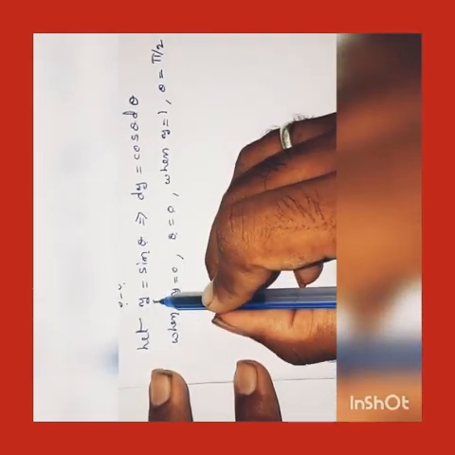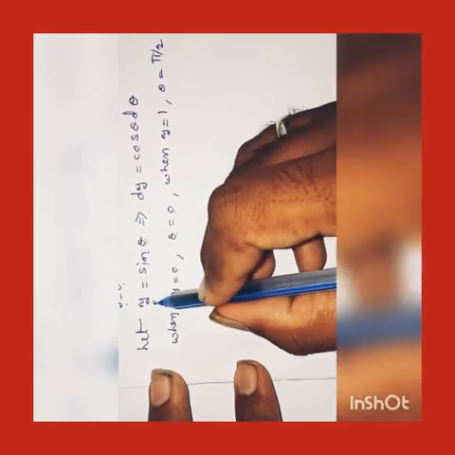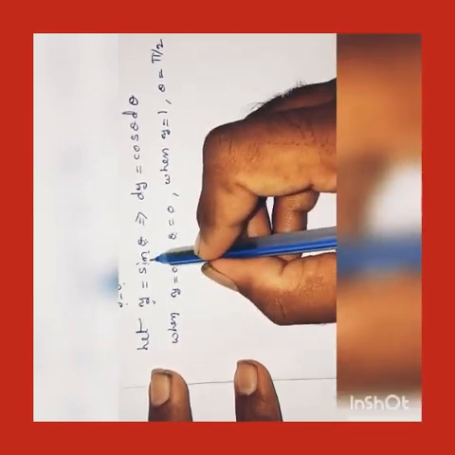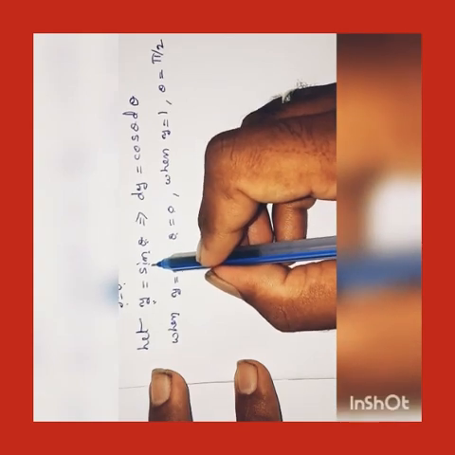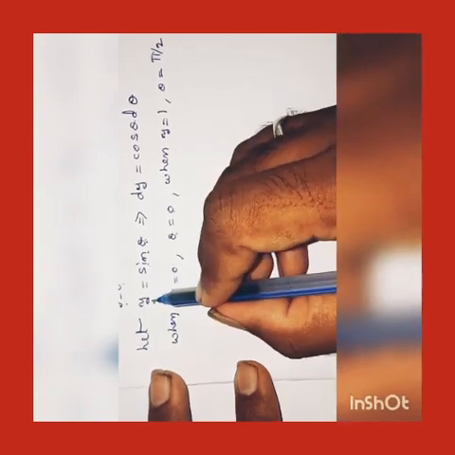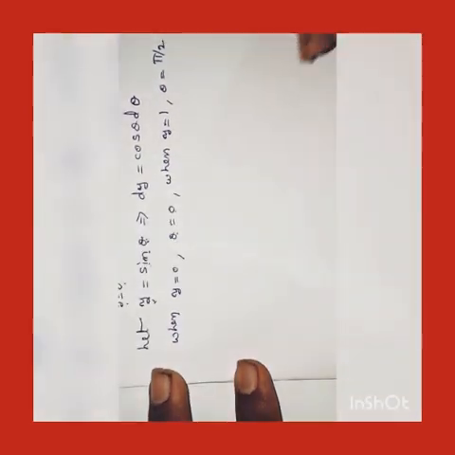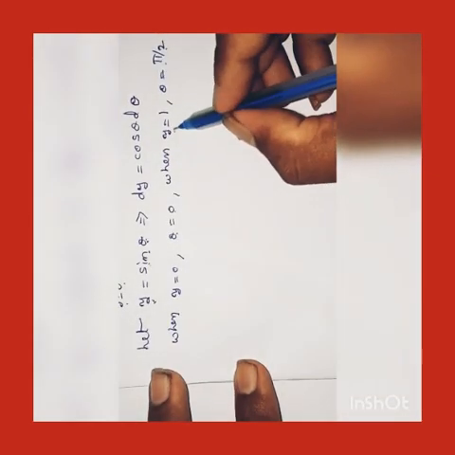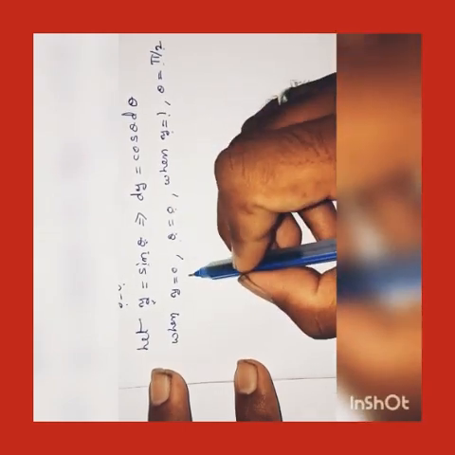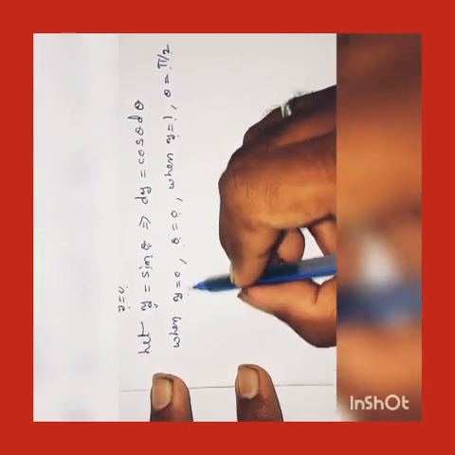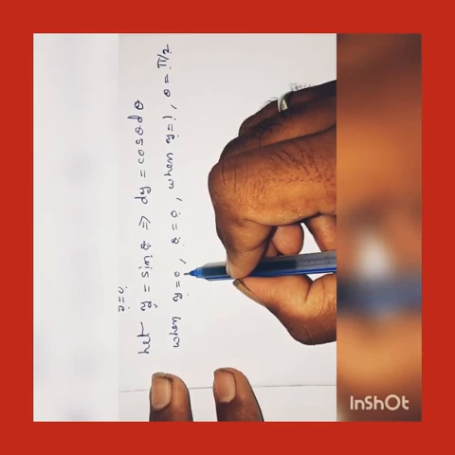Similarly when y is equal to 1, sin theta is equal to 1. For which value of theta is the sin value 1? When theta is equal to pi by 2, that is sin pi by 2 is equal to 1. Therefore theta is equal to pi by 2 when y is equal to 1, and theta is equal to 0 when y is equal to 0.